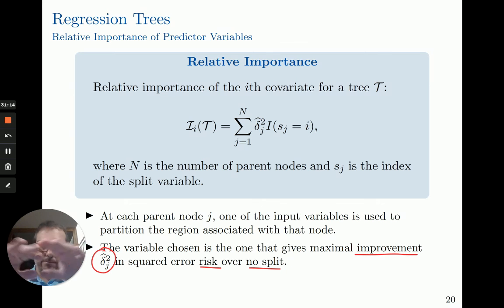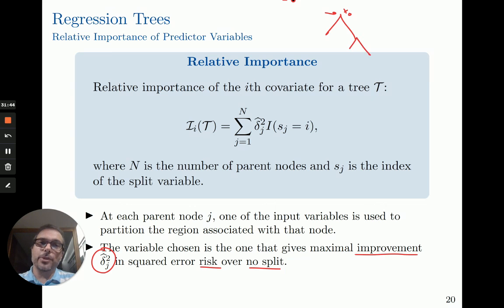If the tree has just one split, with the variable x0 defining the first split, the relative importance is how much this split reduces the MSE of no splits.